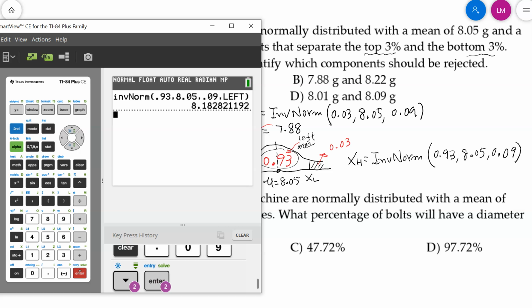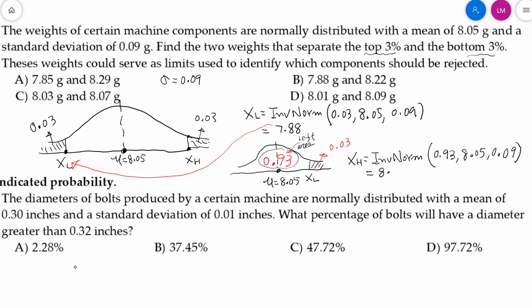You get 8.1828. So if you round this, it is 8.18.